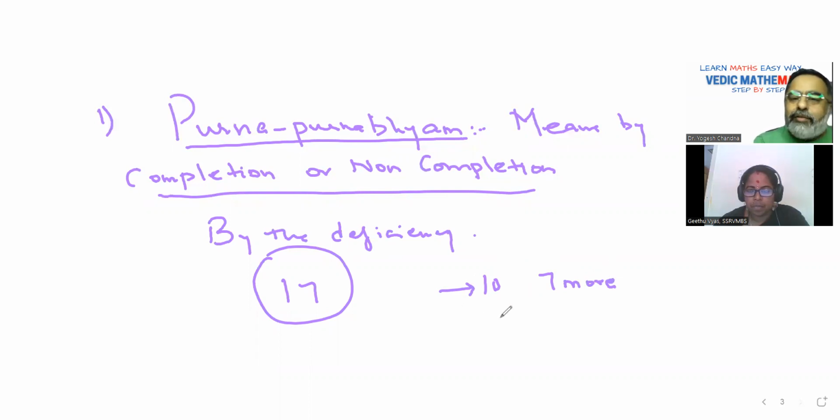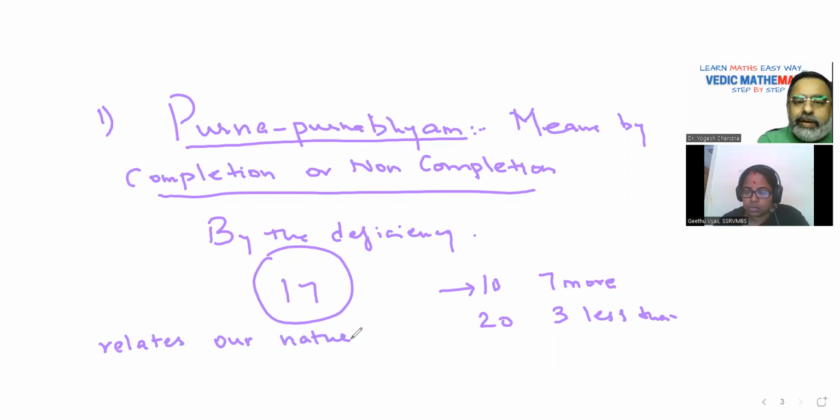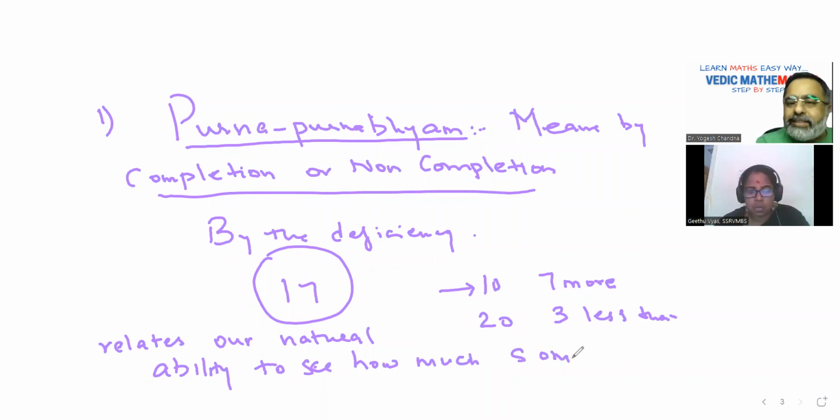Or if I compare with 20, it is 3 less than 20. So basically this sutra relates to our natural ability to see how much something differs from wholeness.